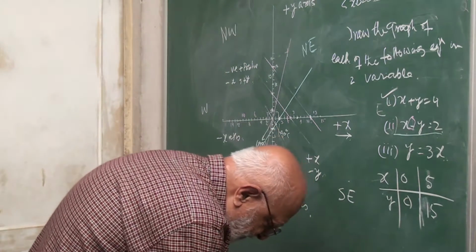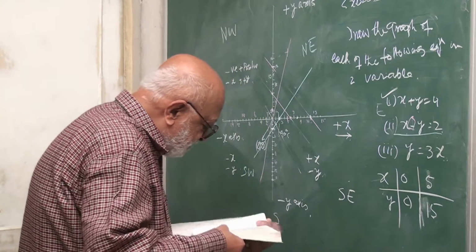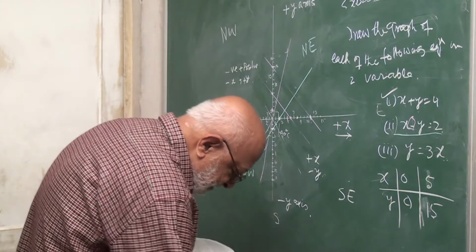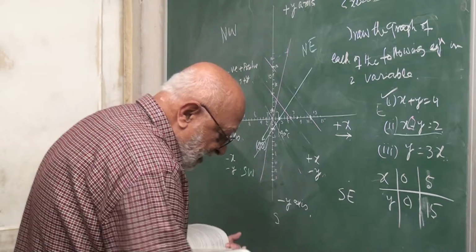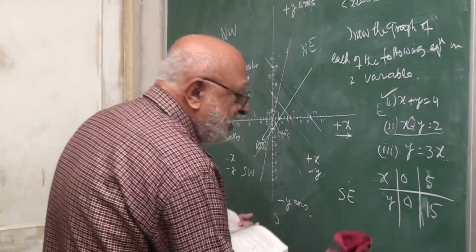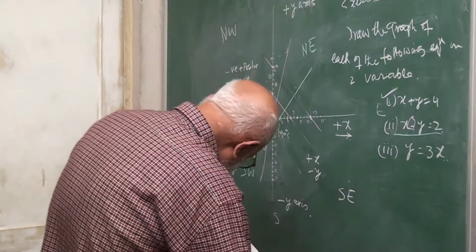The other one, let us see the last one here. How does it look? Don't get confused when you find equations like this. You may say, "I don't know how to do it." No, this is simple. Simply follow the steps.